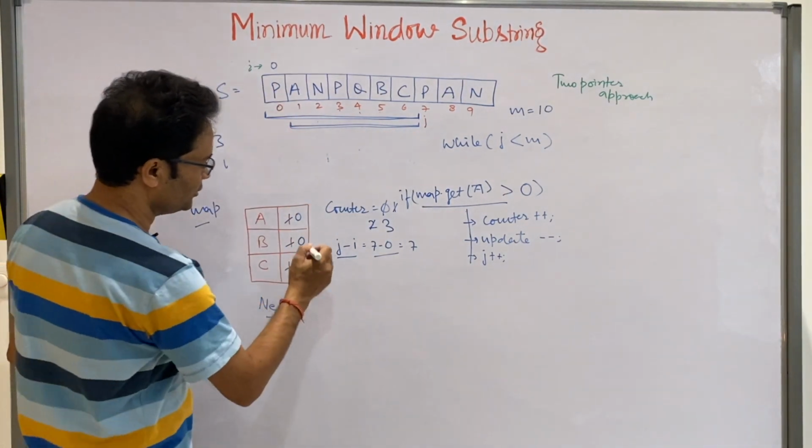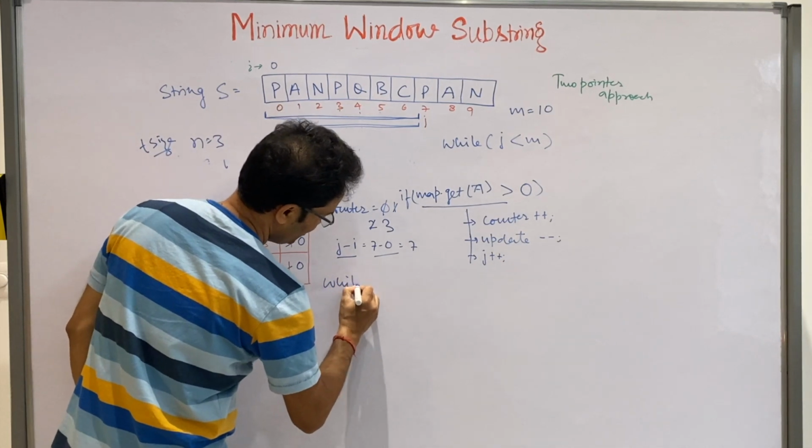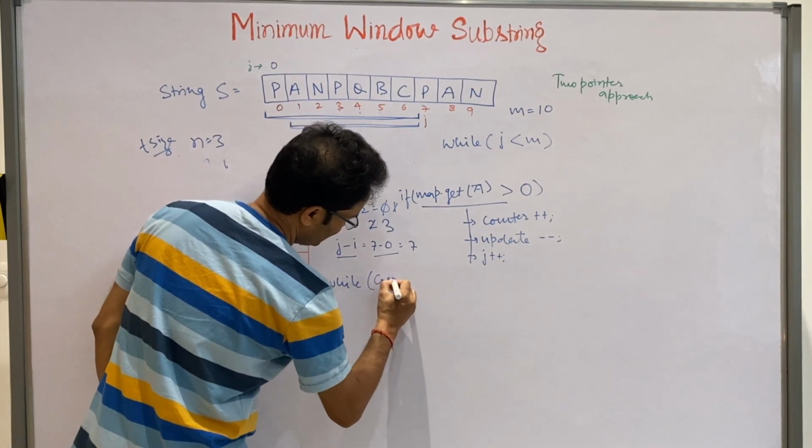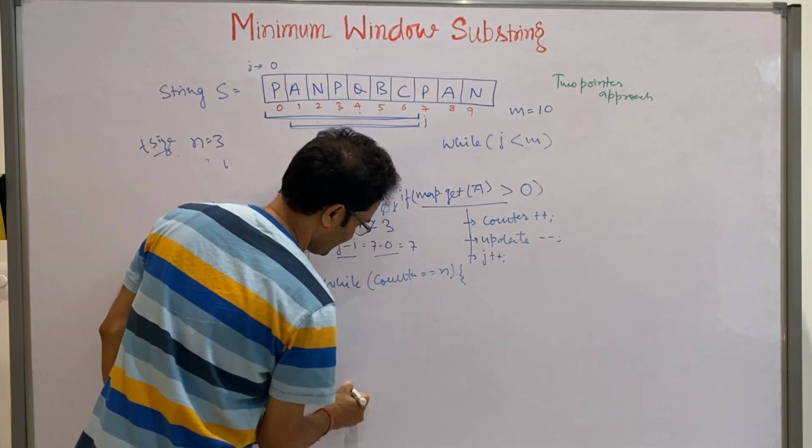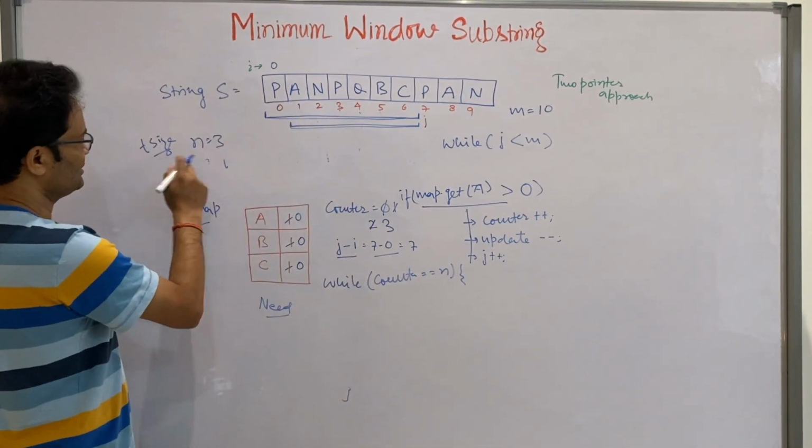The moment the condition that counter is equal to N. N is the number of the searching T size, right?